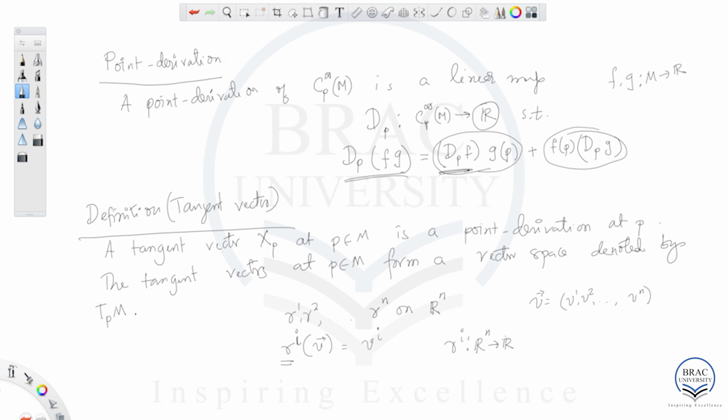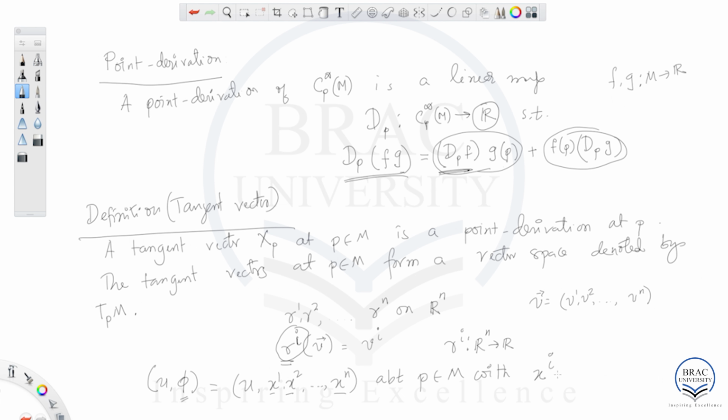And given a neighborhood (U, φ), which we denote by (U, x1, x2, ..., xn), about a point p in M, how do we get these local coordinate functions out of the standard Euclidean coordinate functions and this homeomorphism φ?